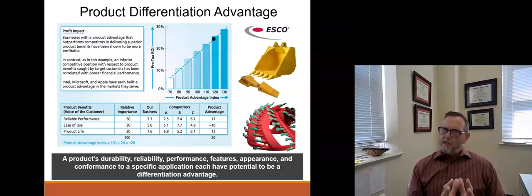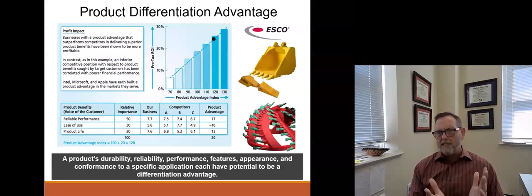But let's compare these, and see that our business on the first item is a 7.7, maybe on a 10-point scale or something like that. But it's clearly better than our competitors, A, B, and C. Now on the second component, 5.6, it's kind of in the middle, but then back on the third component, product life, it is back up again at 7.6, outperforming our competitors.